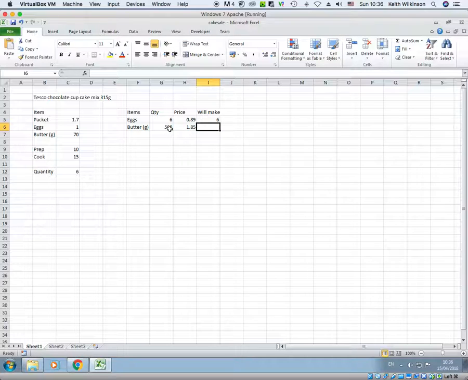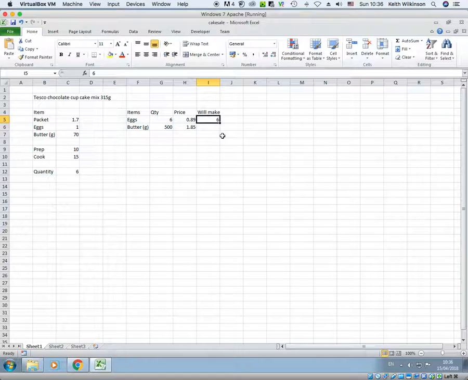And if I've got 500 grams of butter, well, how many packets do I need at 70 grams per serving? How many would I need to actually use up the entire tub of butter? Or we can do a little formula to work that one out. In fact, we could do a formula to work both of these out.